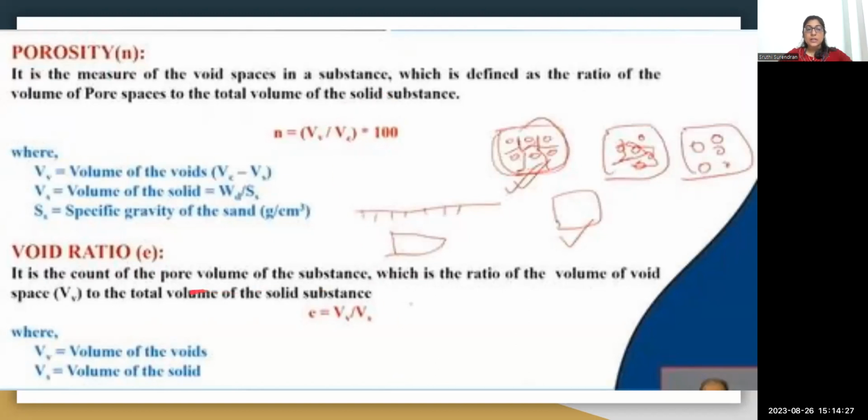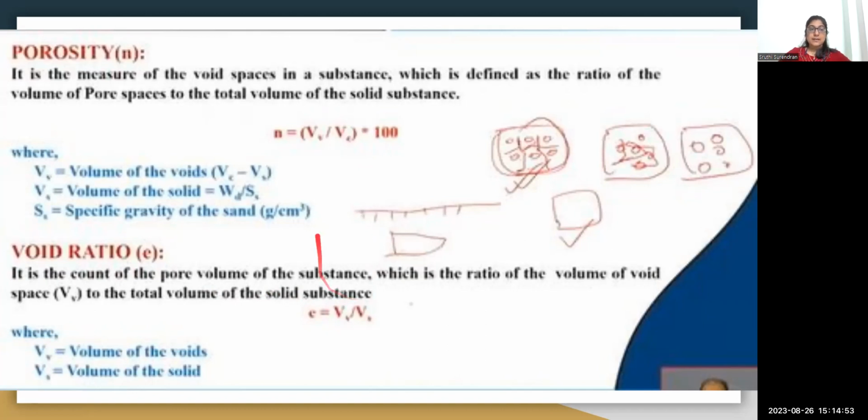Now there's another quantity called the void ratio, which gives us the ratio of the volume of the pore spaces to the volume of the solids. If porosity takes into consideration the total volume of the soil, here void ratio takes into consideration the volume of the solids, the soil particles.